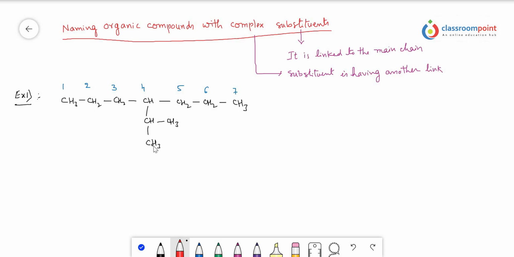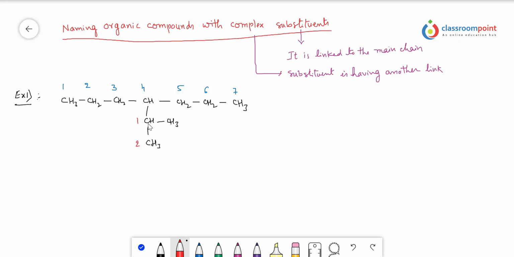Again here also we have to select the longest continuous carbon chain. See, this is the carbon connected to the main chain, so this will obviously get the first numbering. And next we have to go either this side or this side. If you give numbering here, you will get 2 carbons, and this side also 2 carbon atoms.